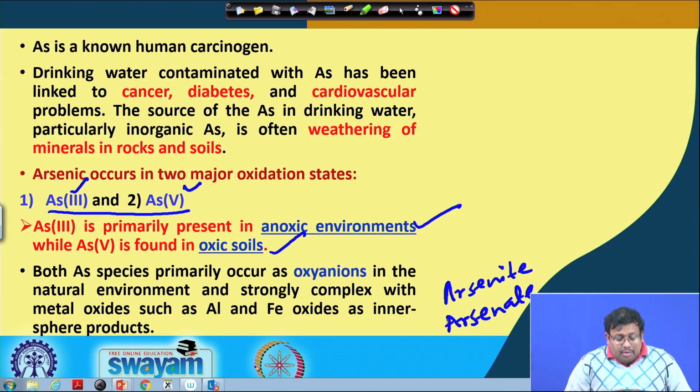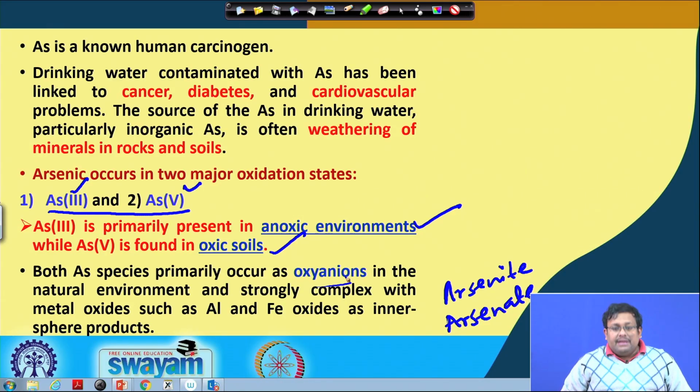Remember again, both arsenic species primarily occur as oxyanions in the natural environment and strongly complex with metal oxides such as aluminum and iron oxides as inner sphere products. Arsenic is a major trace element, specifically a metalloid, and it is a known human carcinogen, mainly in drinking water.